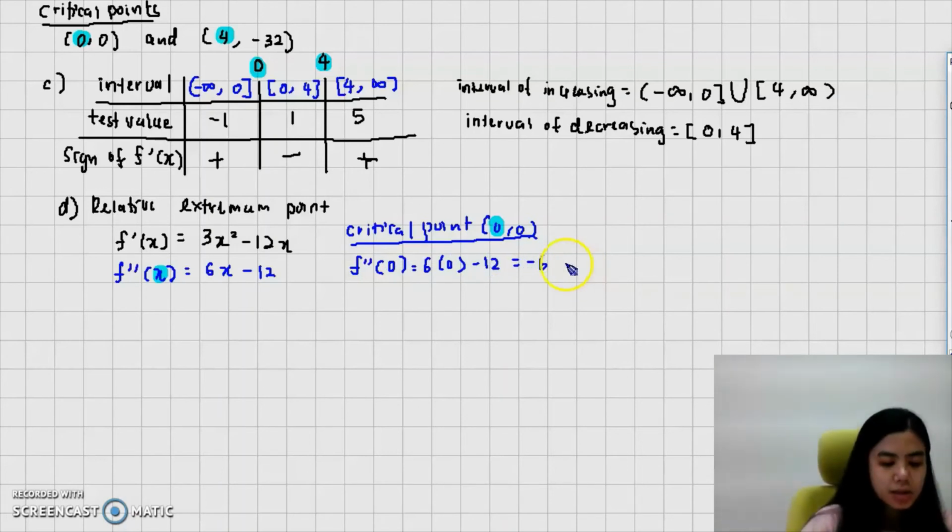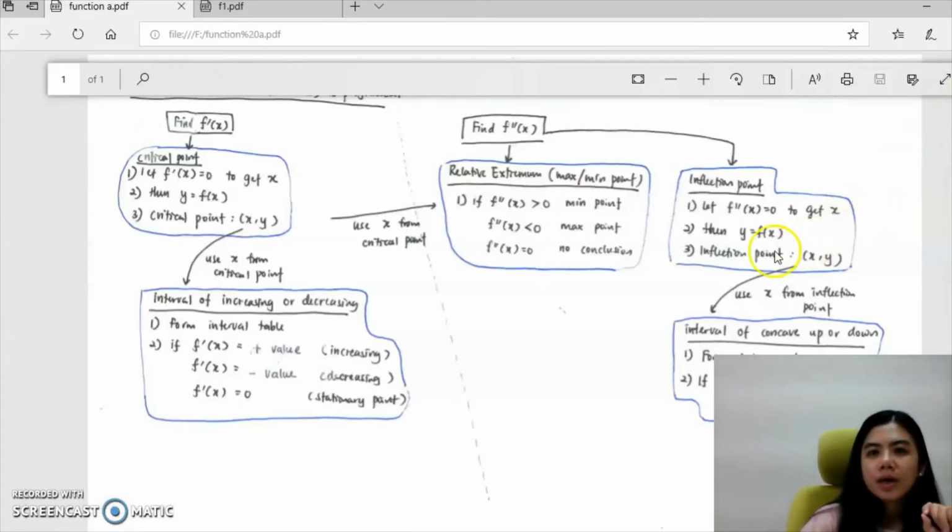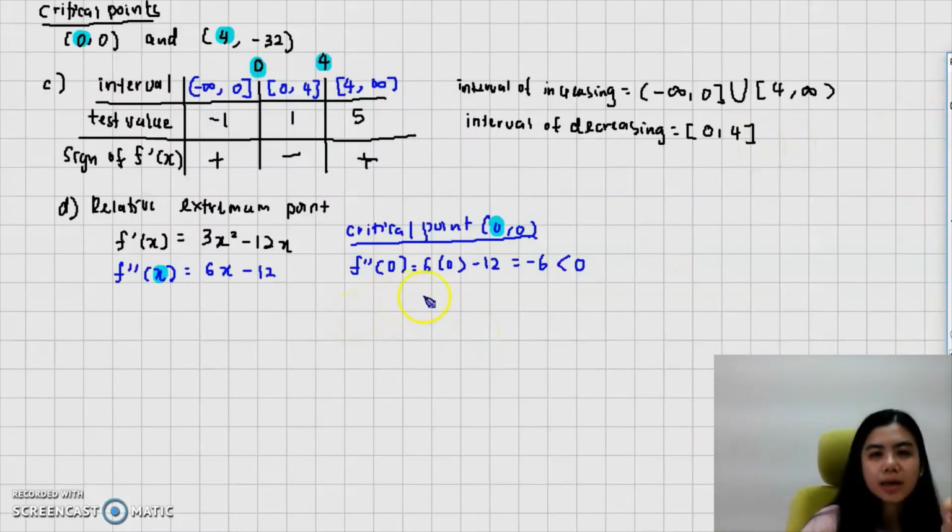Minus 6 is less than 0. Let's go back to the flow chart one more time. A case of f double prime less than 0 means that it is a maximum point. So this (0, 0) is a maximum.